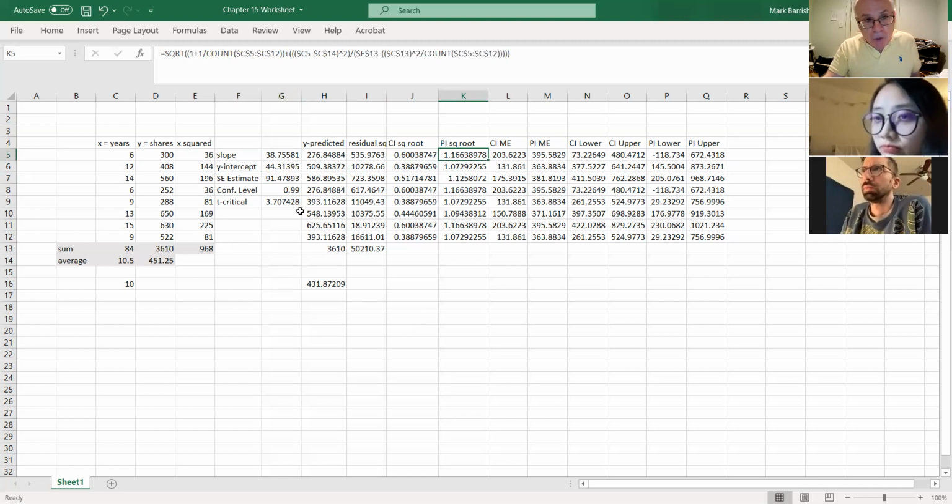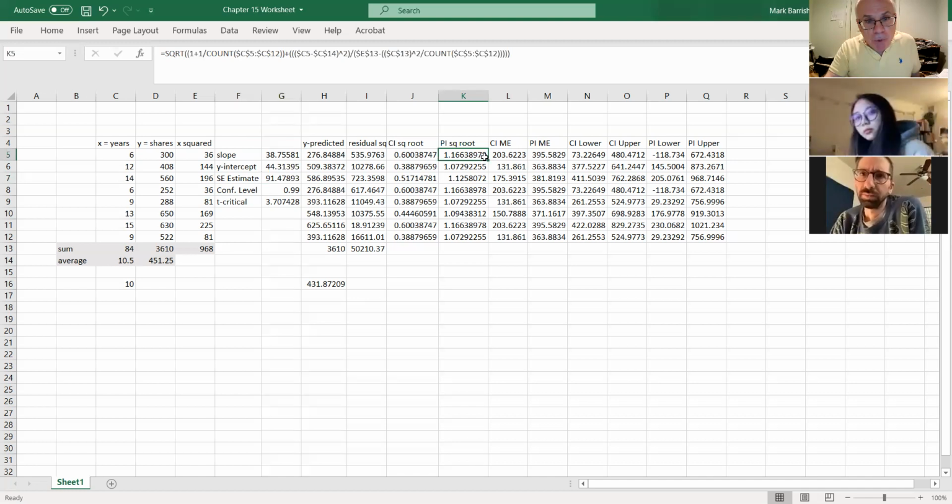All right. So t, the critical value, times the standard error, which is this number times this number, or times this number, depending on whether you have a confidence interval or a prediction interval. And then if you add and subtract that, that of course gives you what? The margin of error, right?